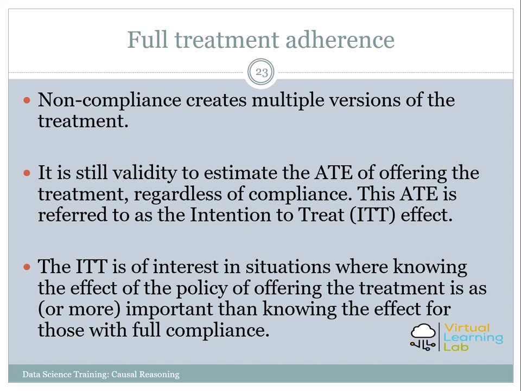In the case of intelligent tutoring systems, it would be the effect of offering the intelligent tutoring system regardless of how much individuals use it. And this is very important for policy. A school district may decide to buy a product that has an effect even if the amount of usage by students varies.